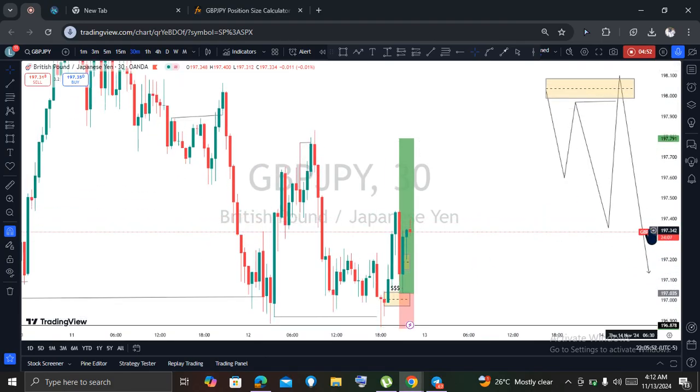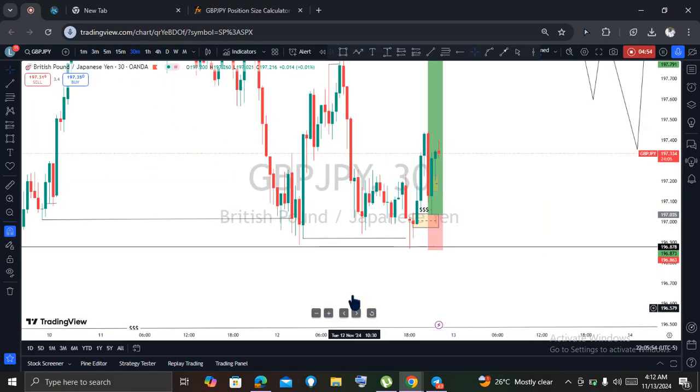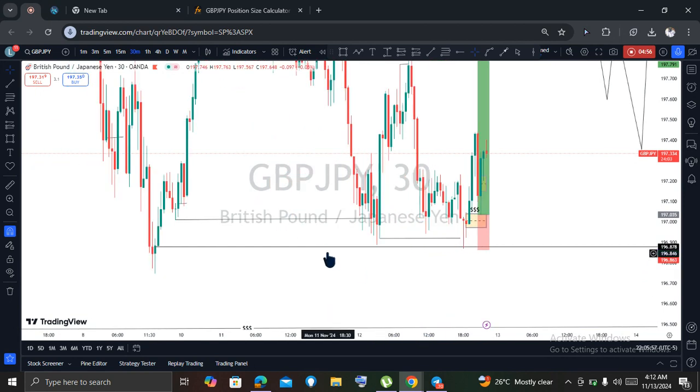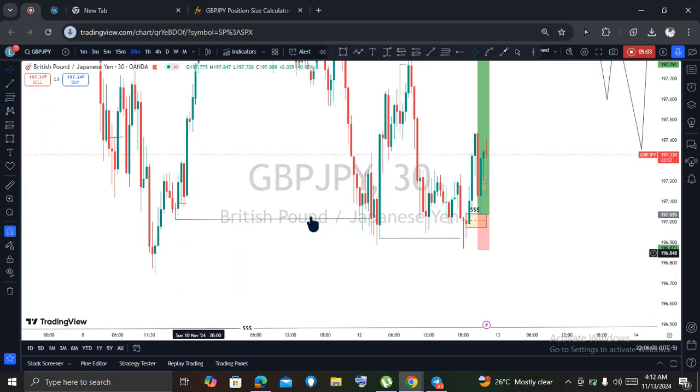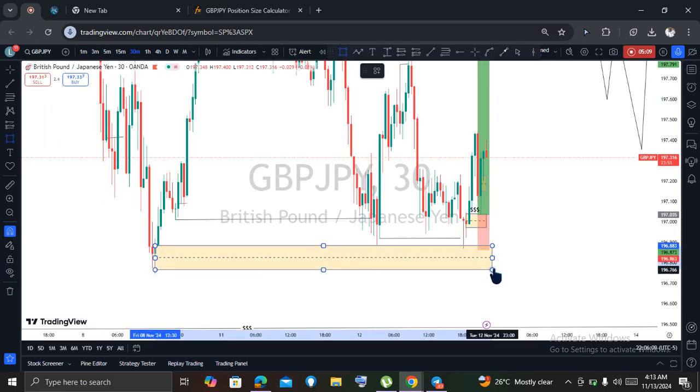Actually, I missed. I would have taken a trade around this area. Why? Because I still see this place as protected. So the market still came back around this area, right?